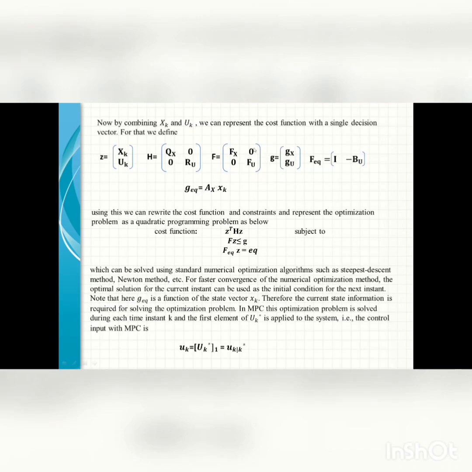These are constant functions. For the inequality it is this, and for the equality these two are related. That defines this. The objective function is defined as z transpose into H into z, and here this is the control input you will have.